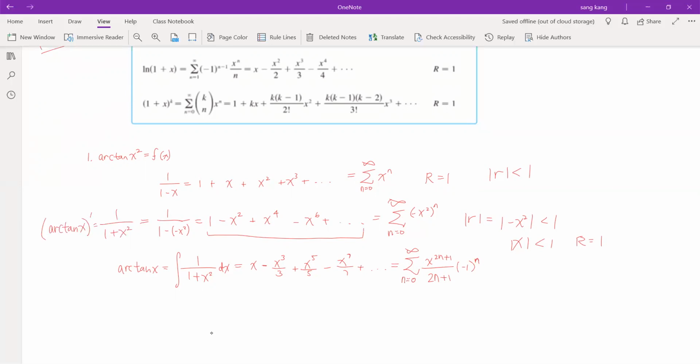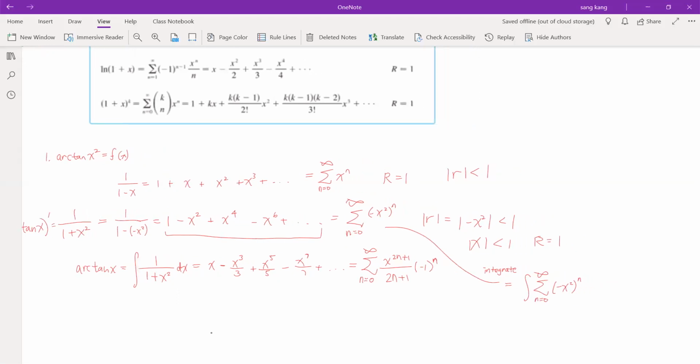We can also integrate that guy. If we do that, it'll be the integral of -x squared to the n, n equals 0 to infinity. Okay, so now we can move this integral inside of the summation.